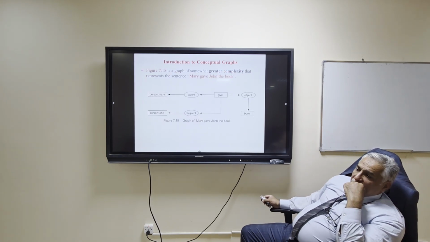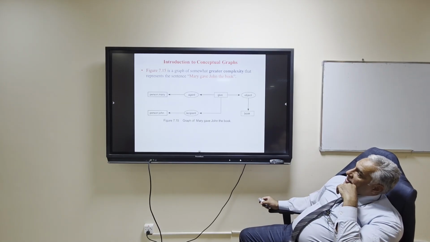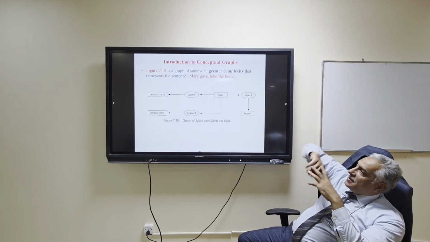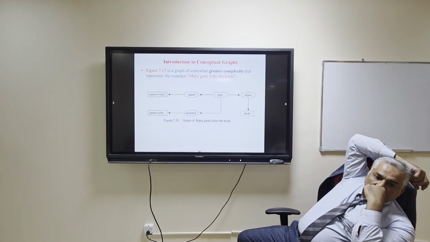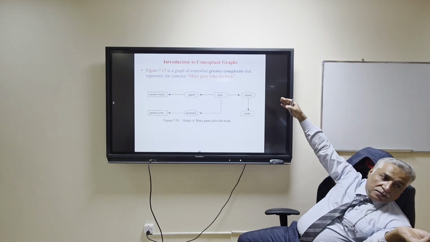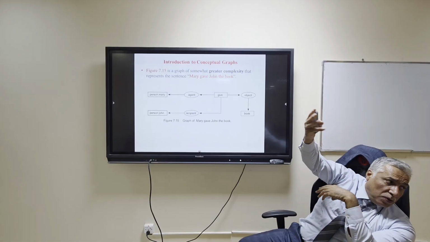And figure 7.15 is a graph of somewhat greater complexity that represents the sentence, Mary gave John the book. Now, Mary and John, and the object transferred between them is the book.